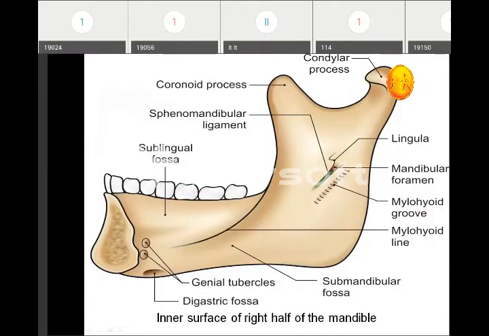Whereas on the inner surface, there is the mylohyoid line, which divides the inner surface into 2 fossae. The fossa above is known as the sublingual fossa for the lodgement of the sublingual gland. The fossa below is known as the submandibular fossa for the lodgement of the submandibular gland.